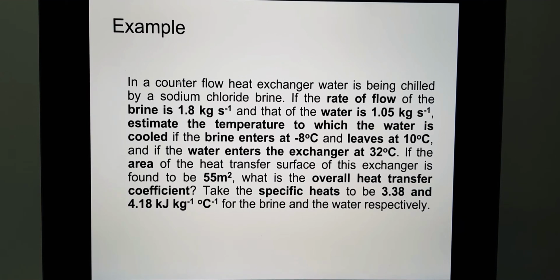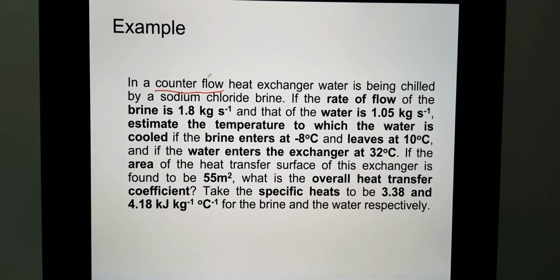Alright, in a counter flow heat exchanger. So this is your key point here, counter flow. It is not co-current, it's counter current. In a counter flow heat exchanger, water is being chilled by a sodium chloride brine.